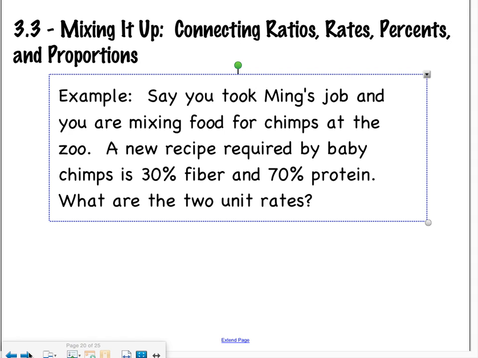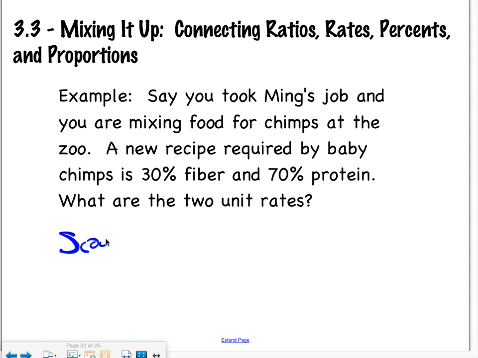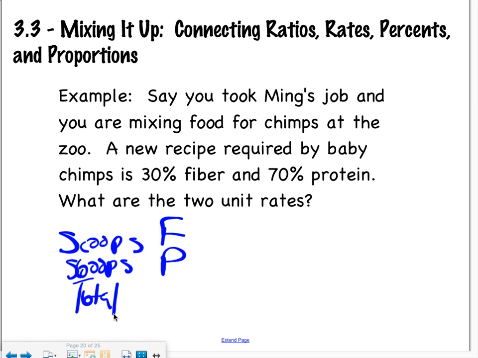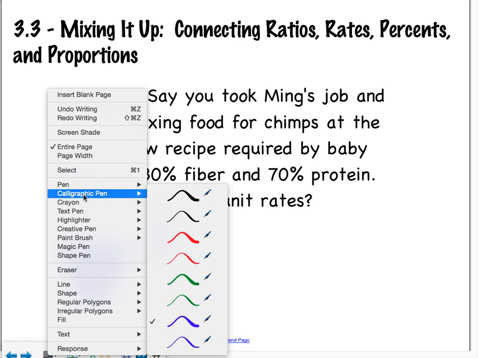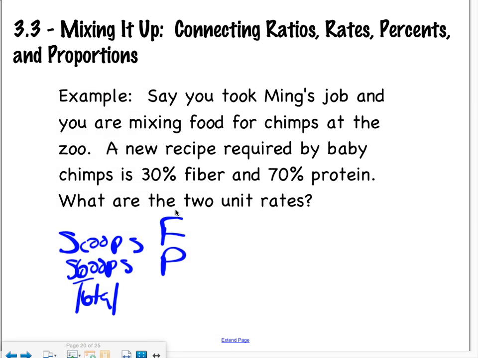Okay? So the way that we solve this in class is making a rate table. So if we let this be scoops fiber, let's have scoops protein and total scoops, okay? Say that you had 100 total scoops.